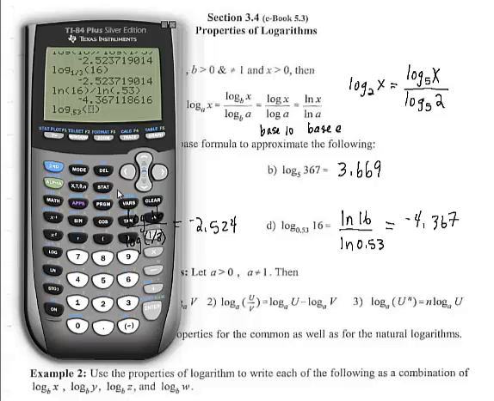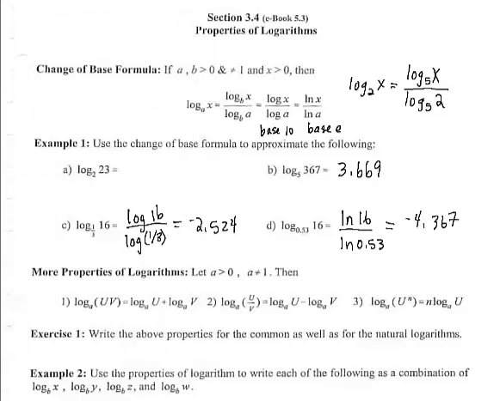Okay, log, enter, my base 0.53, my argument is 16, enter, and we get the same result as the previous expression with the natural log instead. So again, negative 4.367 if we round to the nearest thousandths.